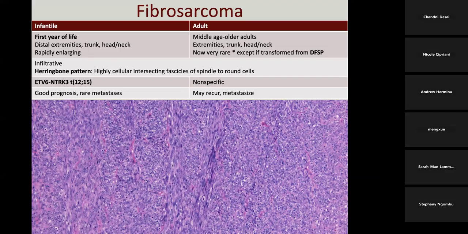The other time we will diagnose fibrosarcoma is if you have a similar morphologic tumor that has transformed from DFSP. Generally, I will not diagnose fibrosarcoma in isolation in an adult. It's probably some other sort of differentiated sarcoma. However, if it arises from a DFSP, you've got it. But the morphology, again, is long herringbone, hypercellular, mitotically active. Okay.